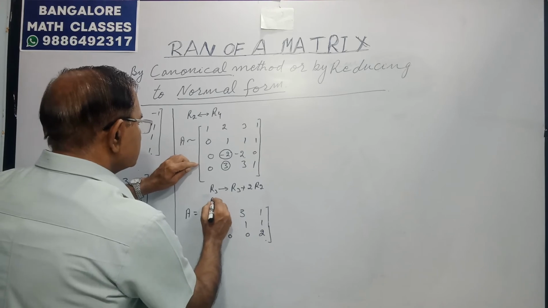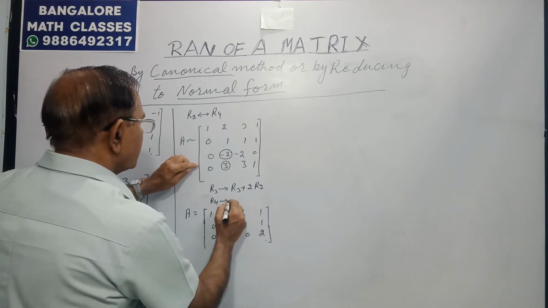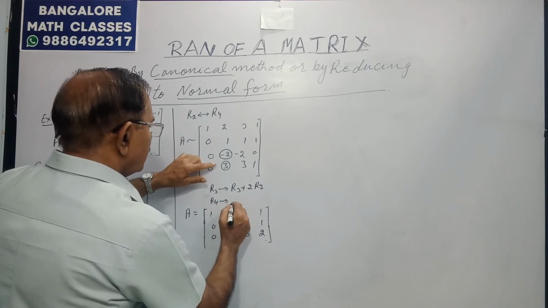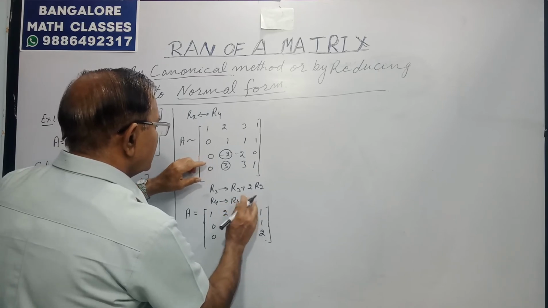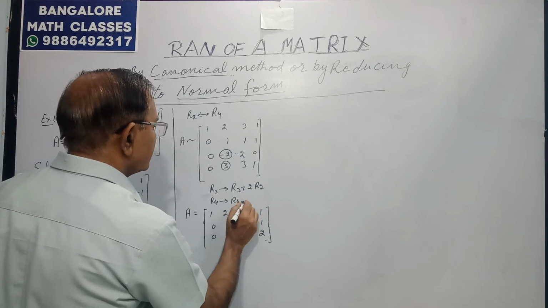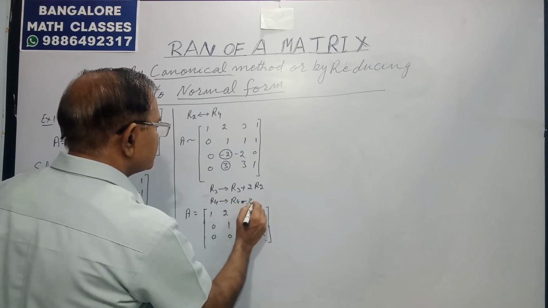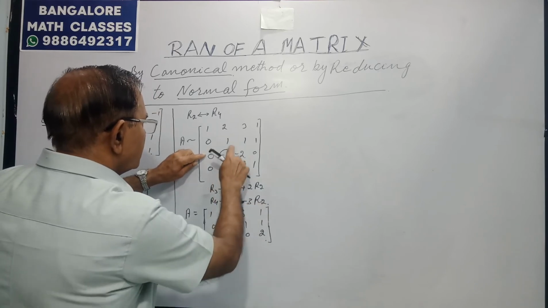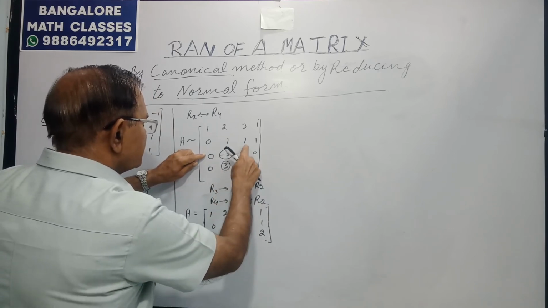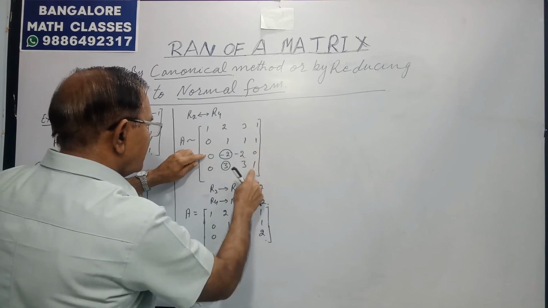I will put it as R4 minus triple of R2. I want 0 here. Triple and subtract.